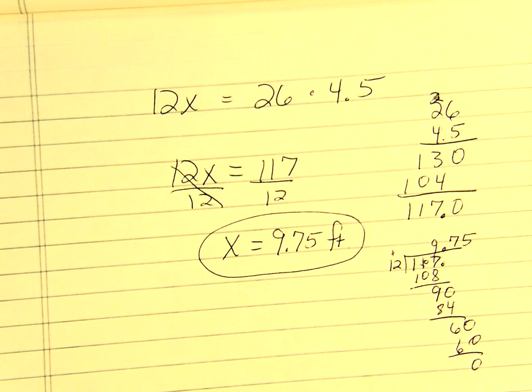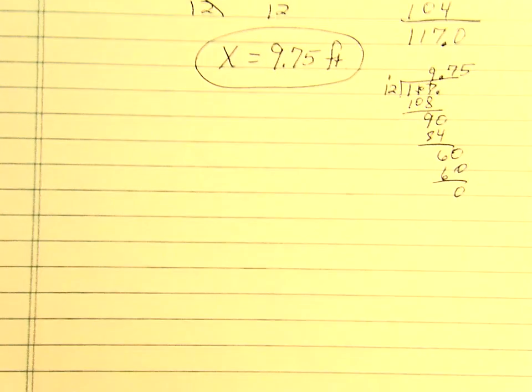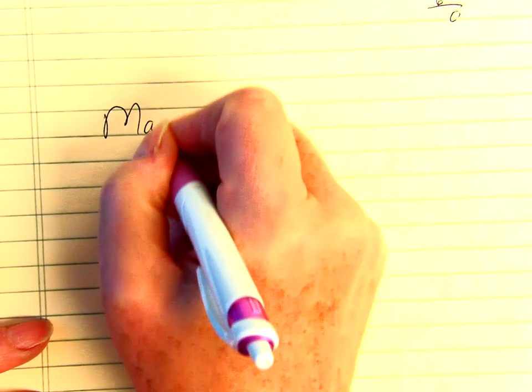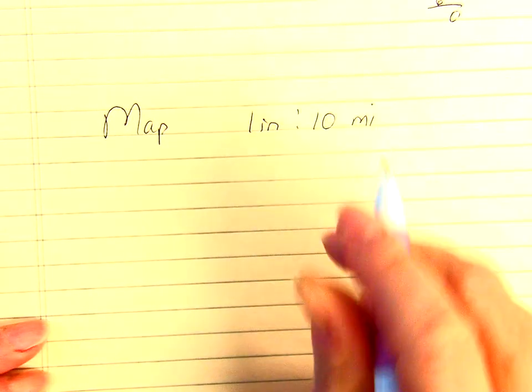Okay, so that is how we are going to be doing our indirect measurement, and our final type of problem is going to be finding distances on a map, which is simply scale and using scale in a proportion. So let's say we have a map distance of 1 inch to 10 miles. So on our map, our scale is 1 inch to 10 miles.